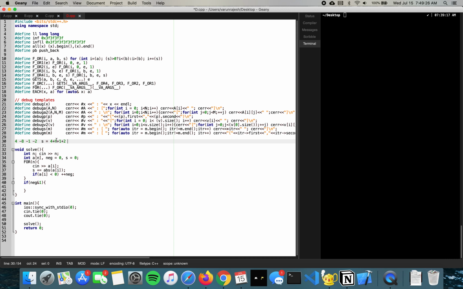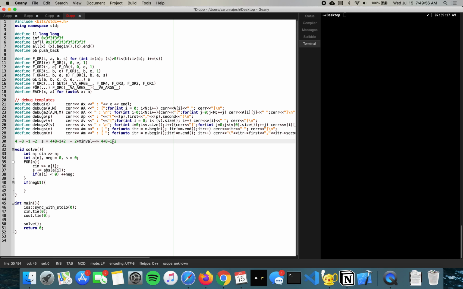However, after we do all the changes, since it's odd, we want the smallest one to be negative, so we want the 1 to be negative. So in the end, it would become 4 plus 8 minus 1 plus 2. Now to get this minus 1, we just simply subtract twice the minimum value, once to take this away and once to make it negative.